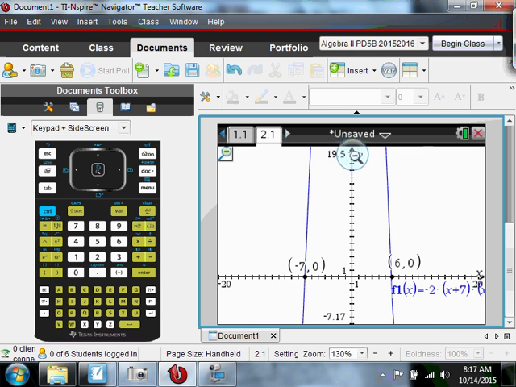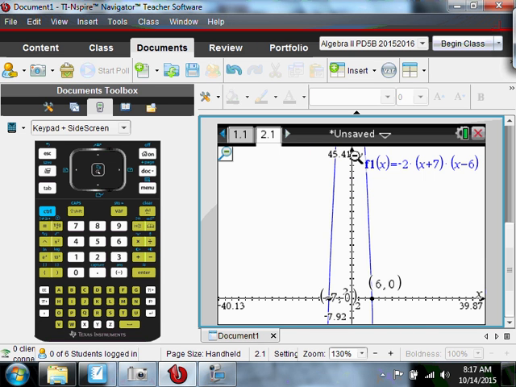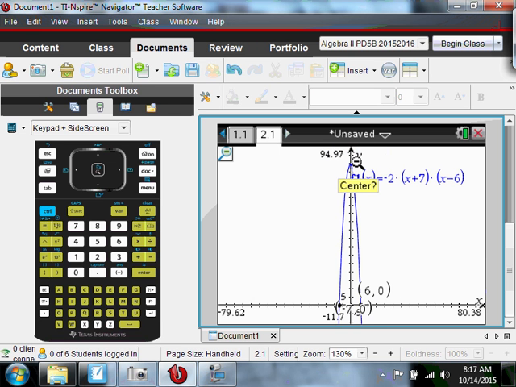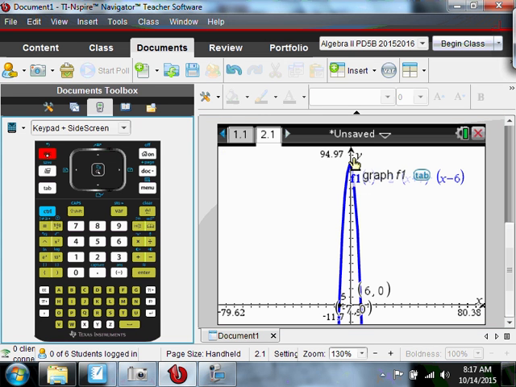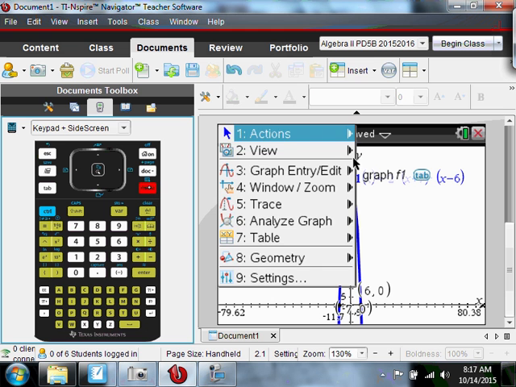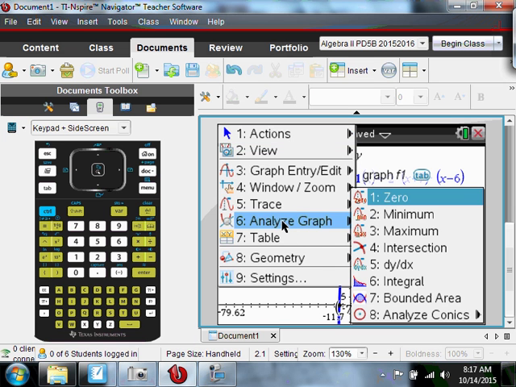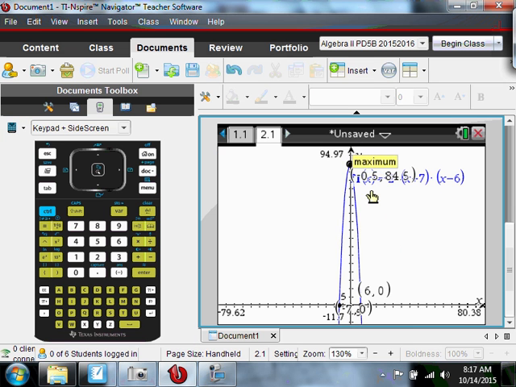Maybe up here toward the top. Not enough. Let's do it again. Not enough. Let's do it again. There we go. Now I need to turn that off, and I'm going to hit escape to turn that feature off. So now I want menu, analyze. I want to find my maximum, and my maximum, which is my vertex, is at negative a half, 84 and a half.